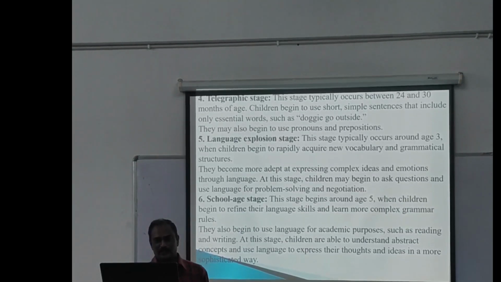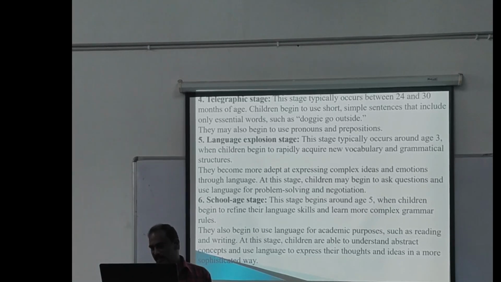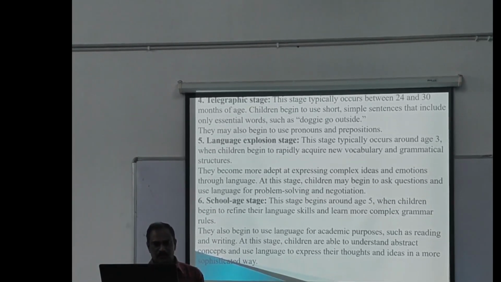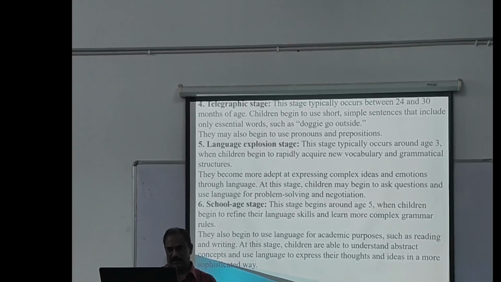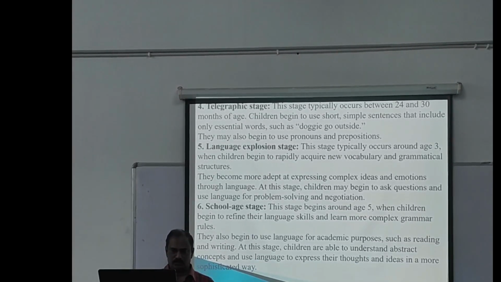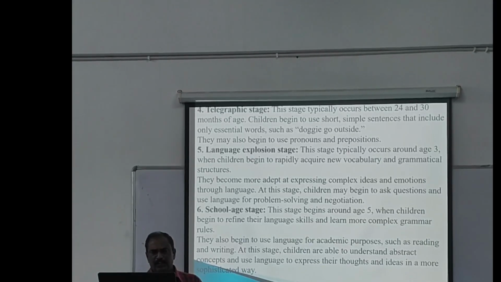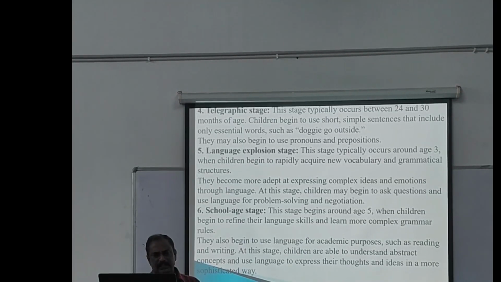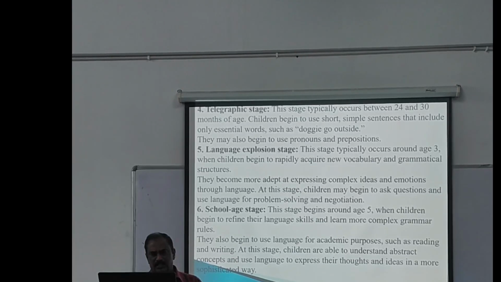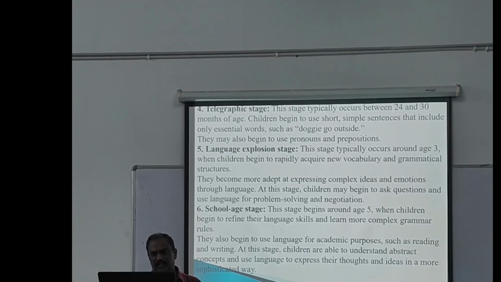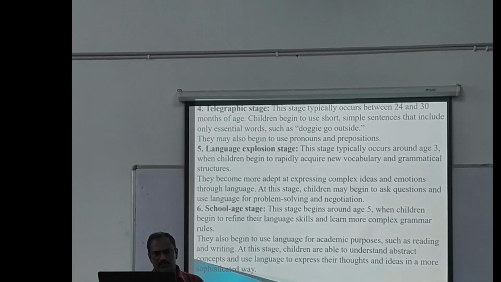Okay, so the school age stage begins around age 5, when children begin to refine their language skills and learn more complex grammar rules. They also begin to use language for academic purposes such as reading and writing. At this stage, children are able to understand abstract concepts and use language to express their thoughts and ideas in a more sophisticated way.